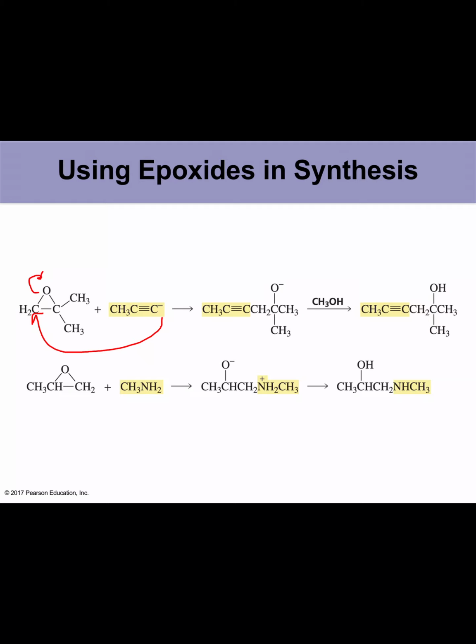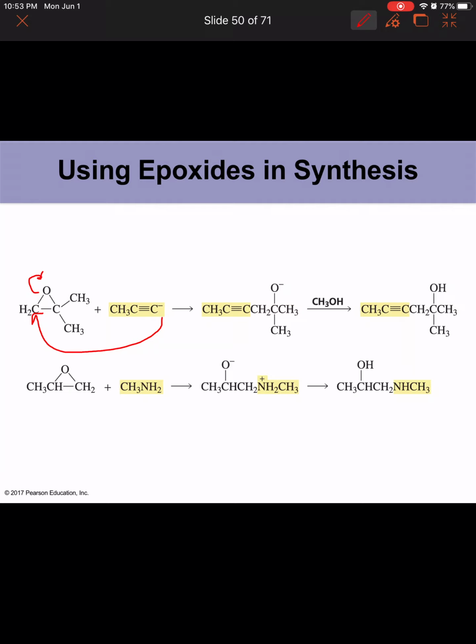And in the second one, we have methylamine. Again, that is a base. That also is going to go to the less hindered site. So the methyl nitrogen goes to this carbon and opens up the epoxide right there.